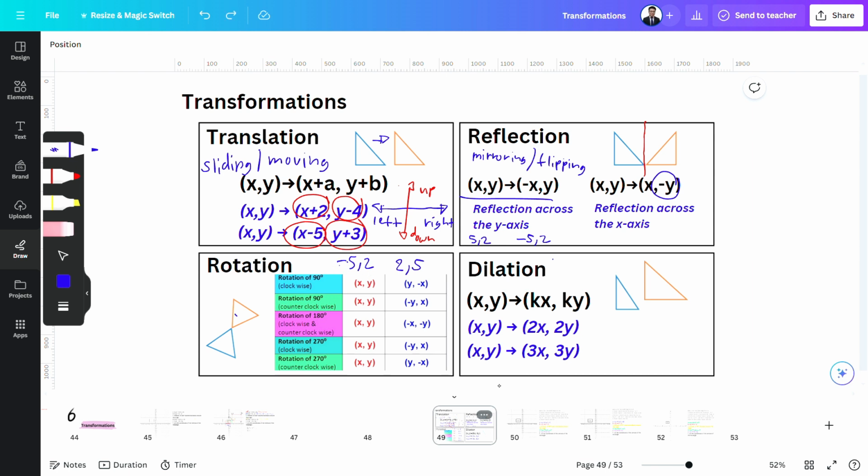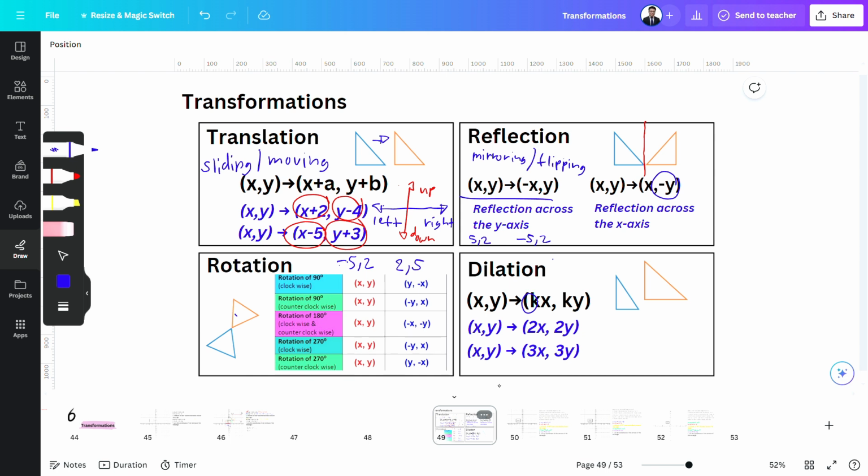Now, let's go with dilation. This one actually, okay. The letter K here. So when you say dilation, what do we do in dilation? Take note that dilation is the most different among the four because translation, reflection, rotation, they belong to rigid transformation, right?